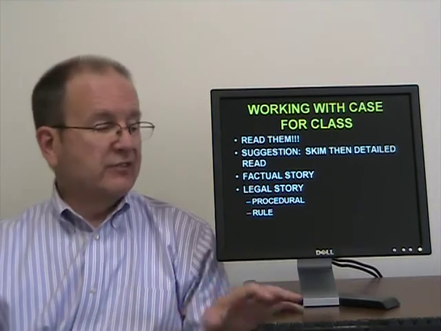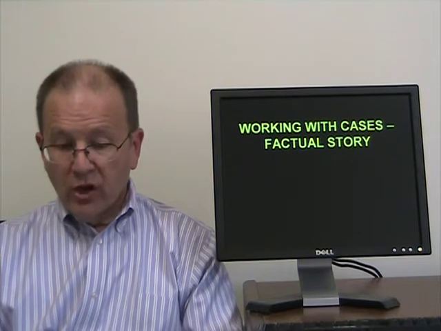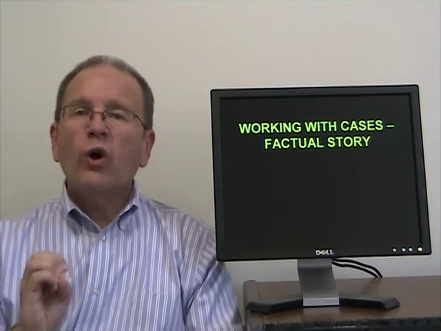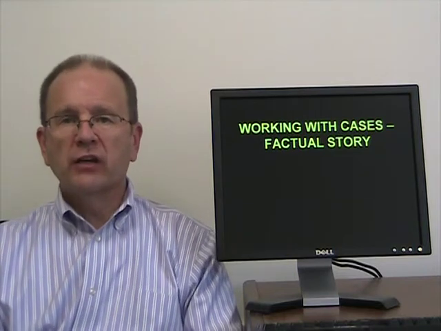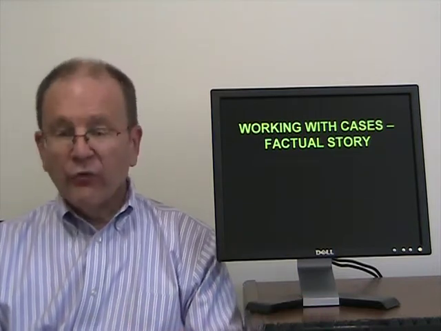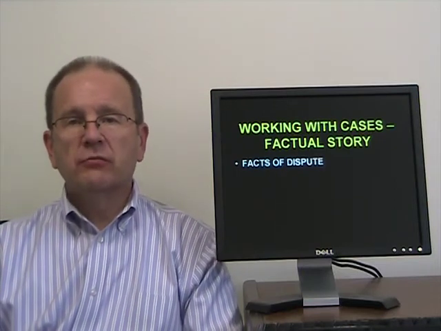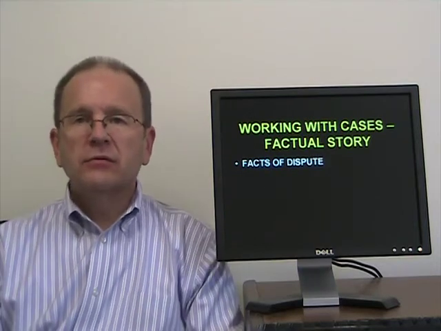All right, let's break it down a little bit. We said, okay, well, there's a factual story. What kinds of things are we looking for when we're trying to read a case and analyze the factual story going on? Well, first, what are the facts of the dispute itself? Right? Who did what?